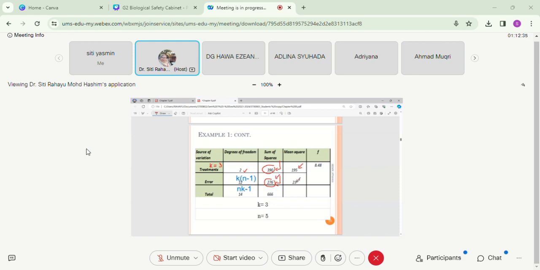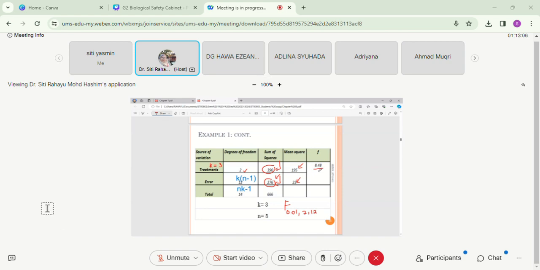And then 195 divided by 23, you get 8.48. Okay, and then you need to compare with the statistic value, with alpha 0.01 and degree of freedom 2 and 12 from the F probability distribution table.